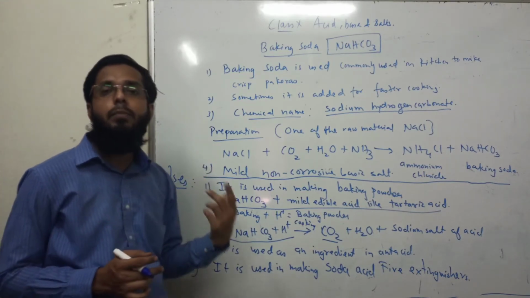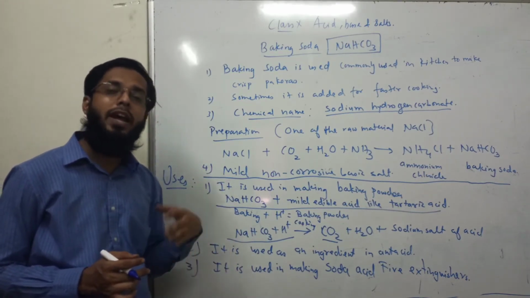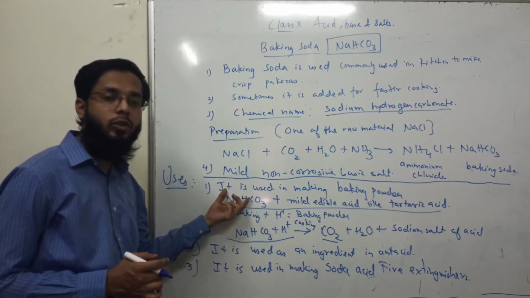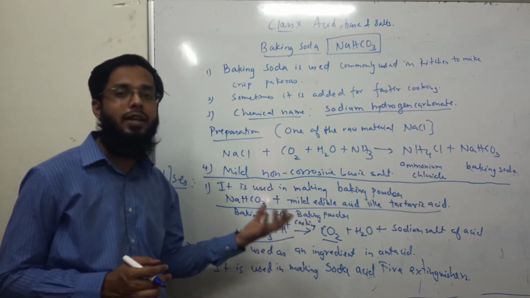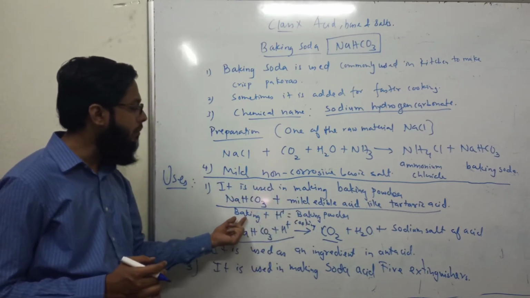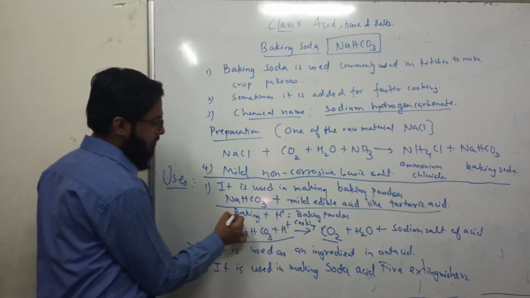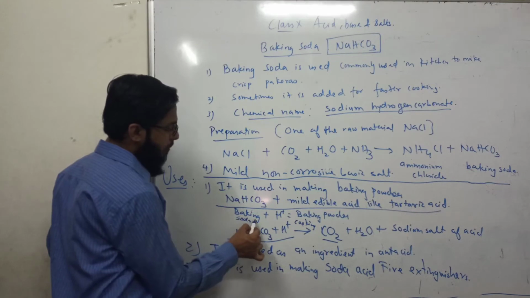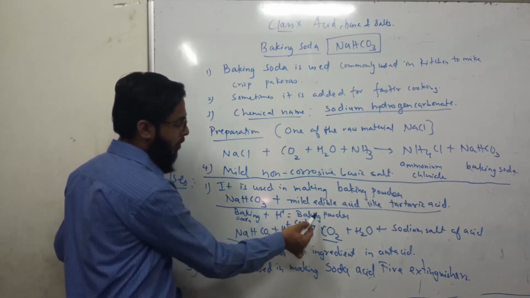What are the uses? It is used in making baking powder. Baking powder is different from baking soda. Baking powder is formed from baking soda, NaHCO3, plus some edible acid like tartaric acid.